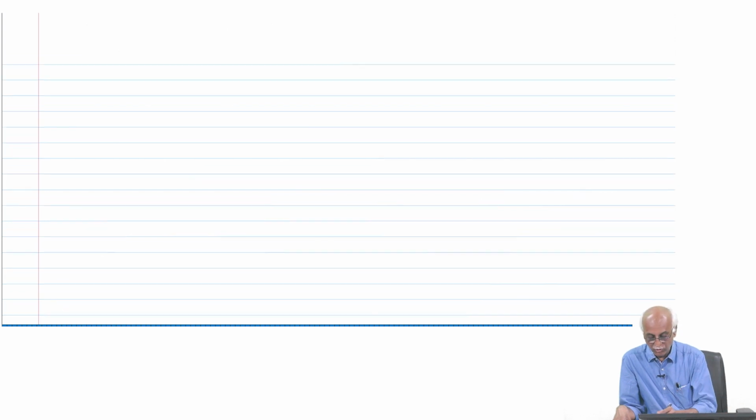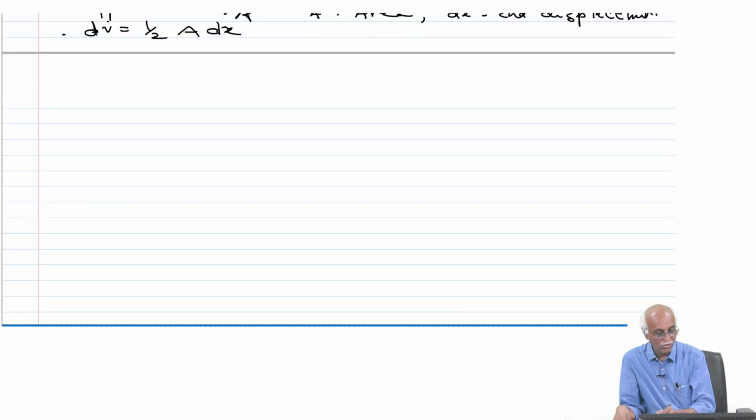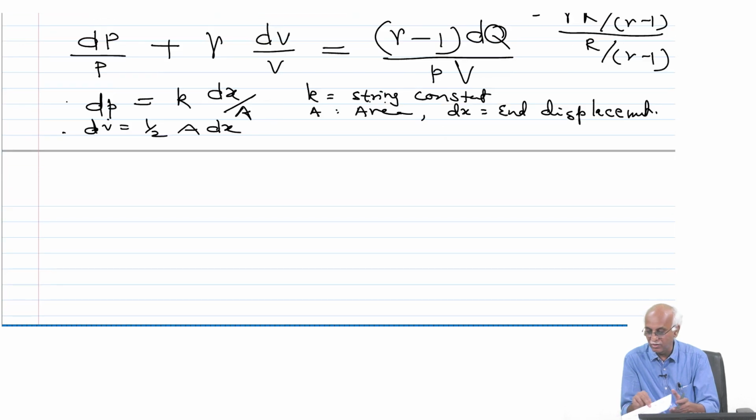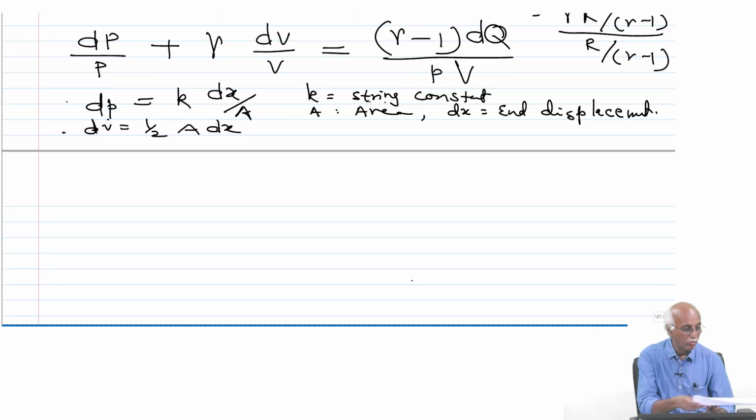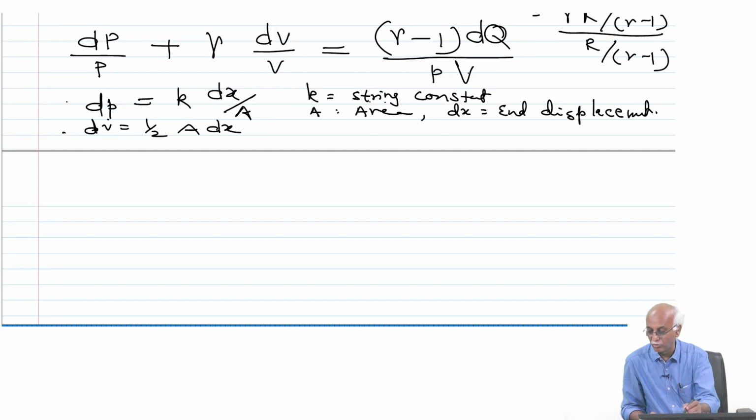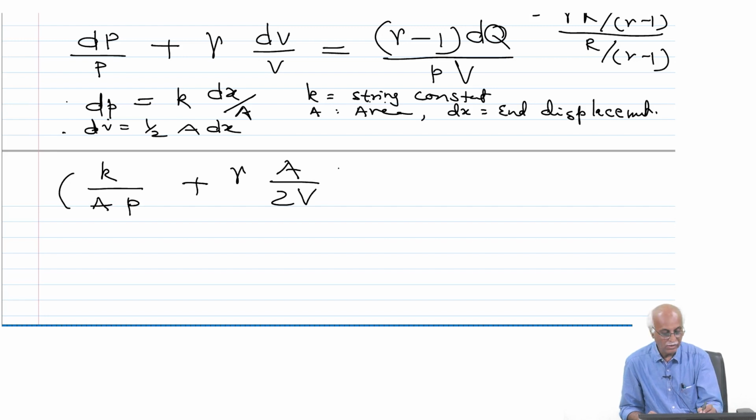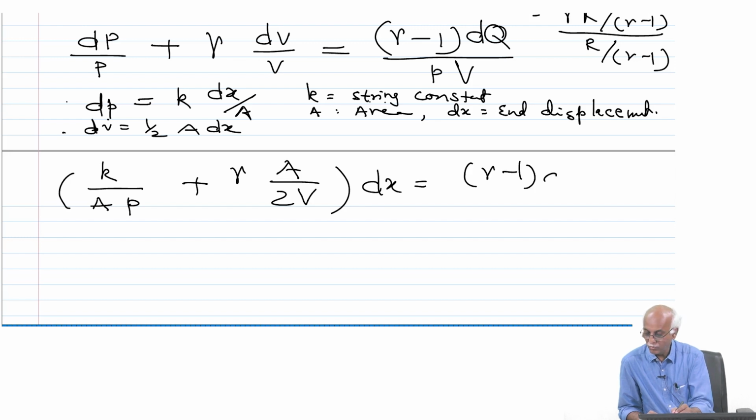Volume change will also come into the picture. If we substitute these two forms in the previous equation, dP by P plus gamma dV by V equals this, then it becomes (k upon A into P plus gamma A upon 2V) dx equals (gamma minus 1) dQ by PV.